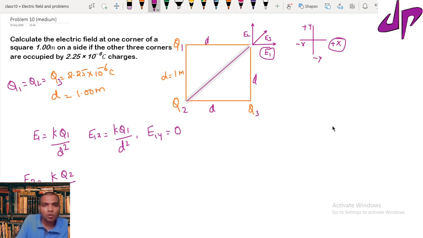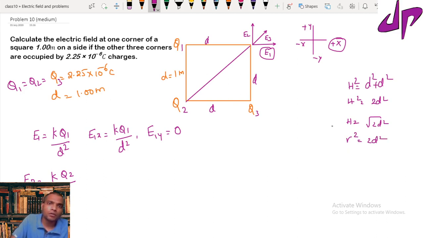You can apply the Pythagorean theorem, so hypotenuse square is equal to d square plus d square, so hypotenuse square is equal to 2d square. So hypotenuse equals square root of 2d square. Here my hypotenuse equals r, but r square equals 2d square, so I can write that value here as 2d square.